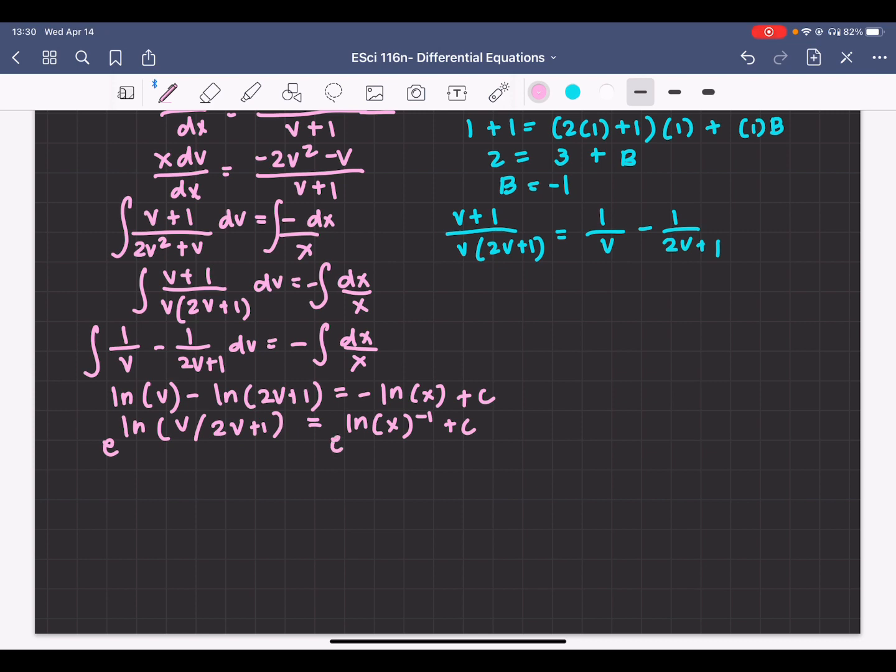Now we use the values of the left and right side as the exponent for e to remove our ln.